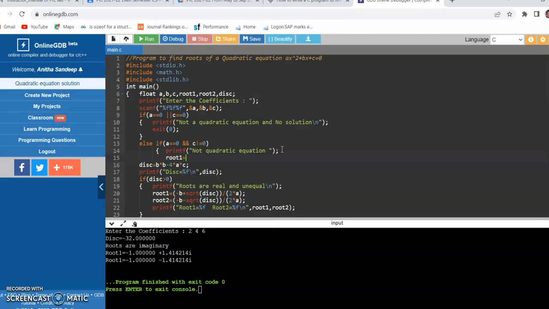So root 1 equals to, so here c not equal to 0 but a equals to 0, then x will be minus c by b.